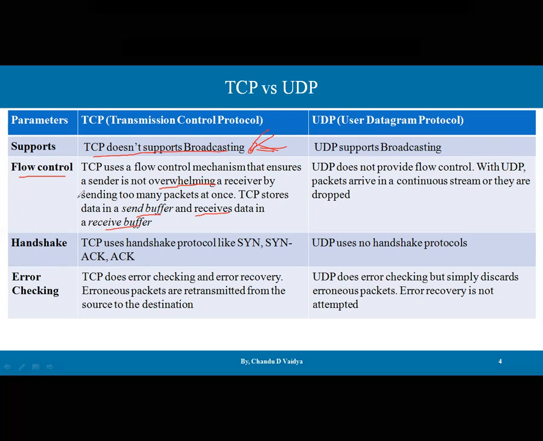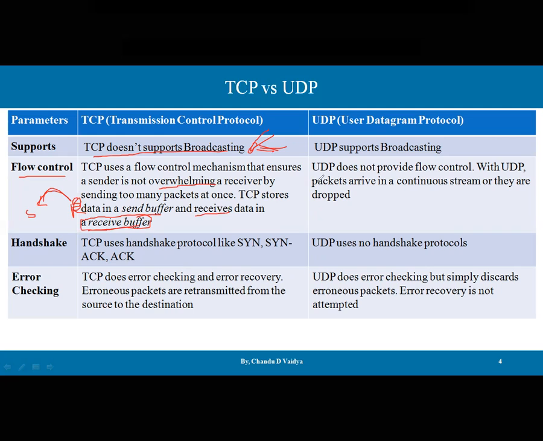The receiver has the capability to announce its window size to the sender, so that the sender can slow down its flow and the receiver can receive according to its own speed. This mechanism is also available so that congestion will be reduced.